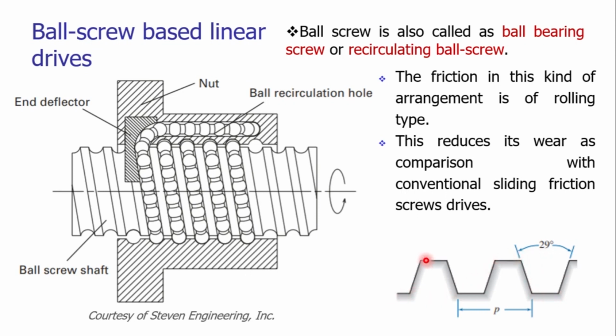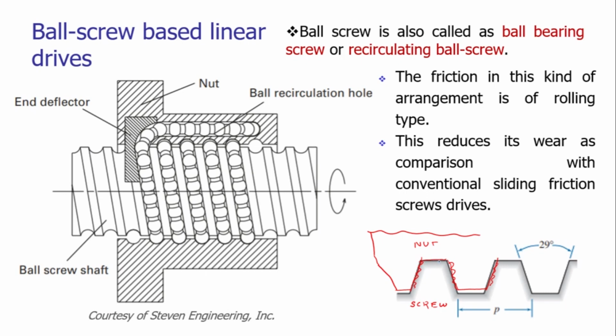So this is the screw, and you may have a nut here, and we are having a nut which has the complementary profile, and there will be sliding friction along the surface. So instead of having the sliding friction, can we convert this sliding contact into the rolling contact?